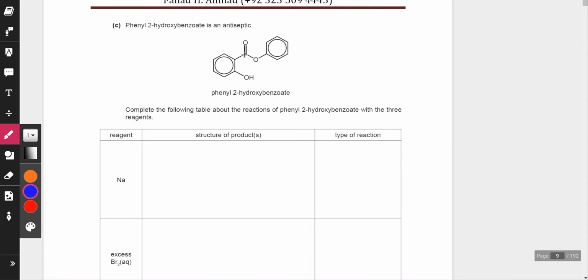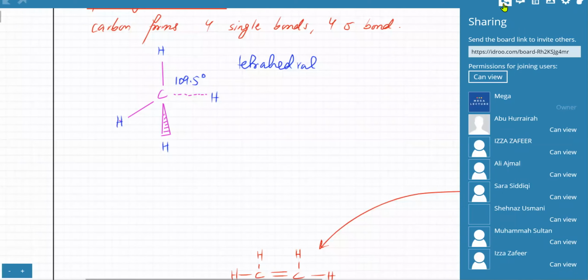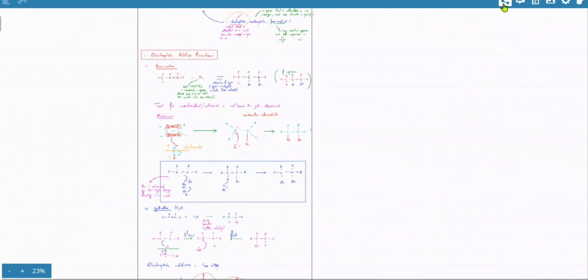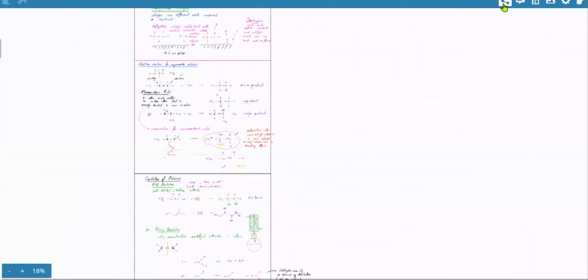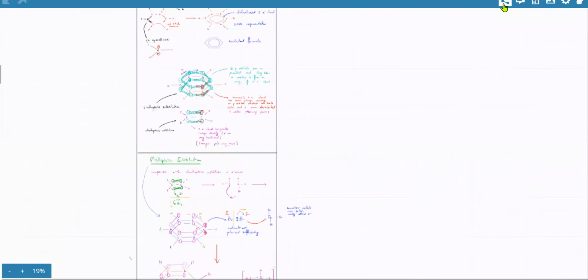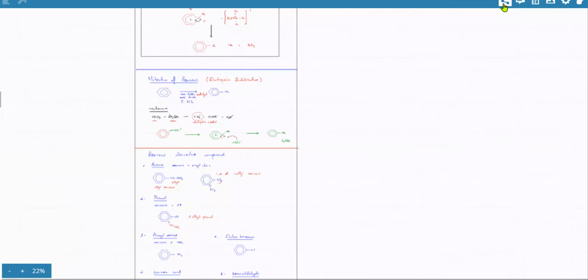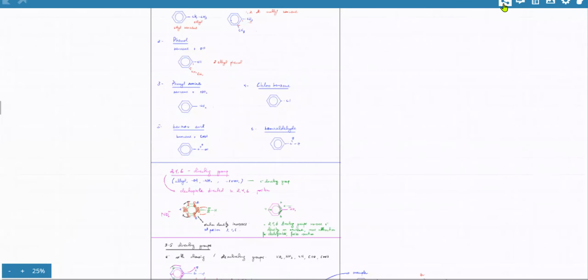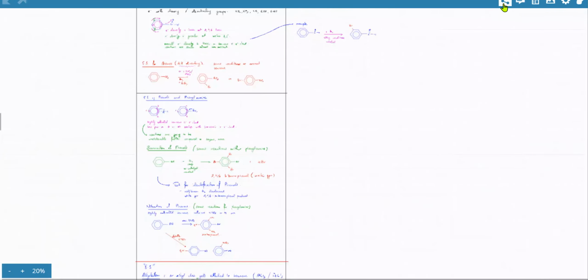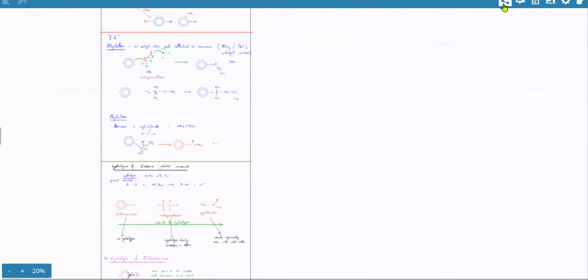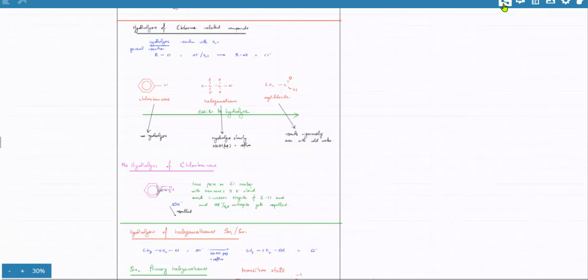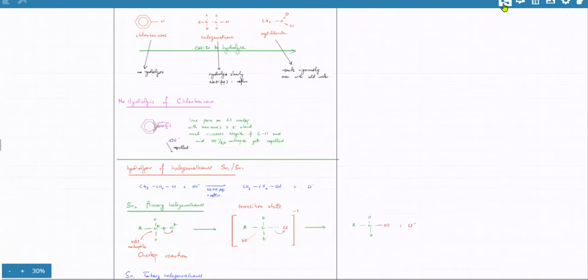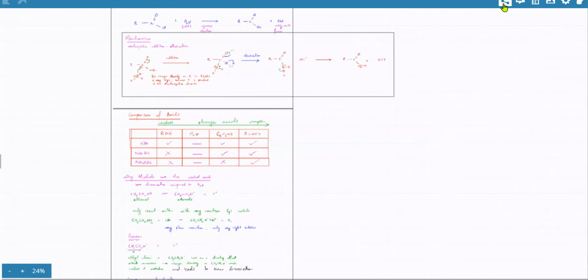So remember, with sodium, what's going to happen is that phenols are acidic. Remember that. Let's open the board as well simultaneously. We did the comparison of acids. This was the electrophilic substitution comparison, and then somewhere we did hydrolysis, this one.